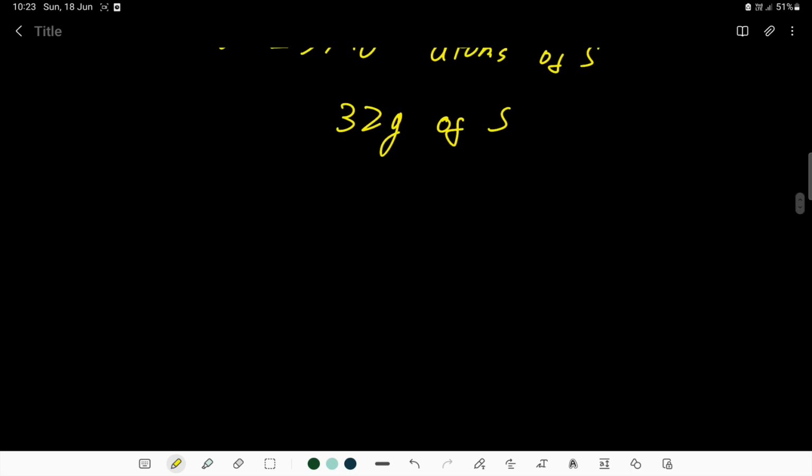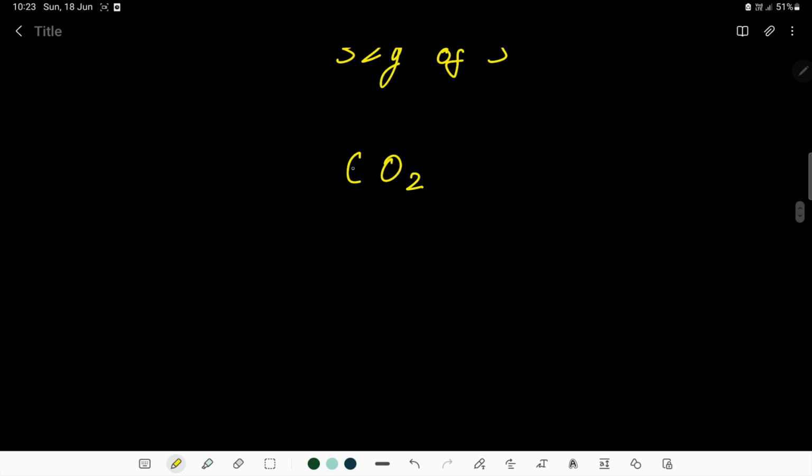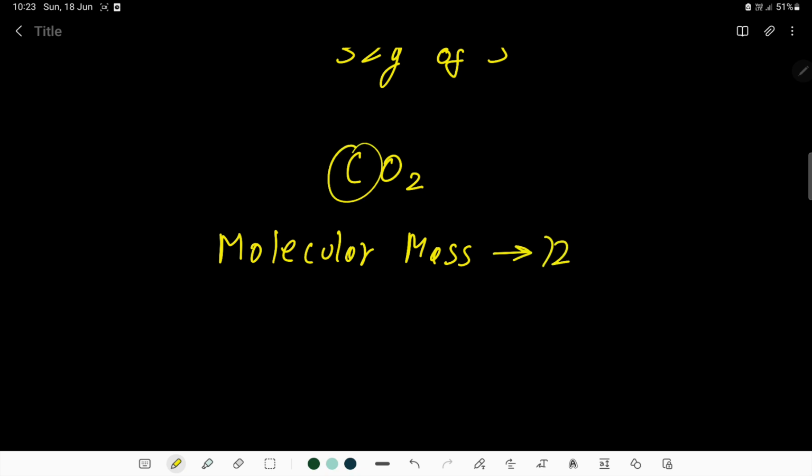The same thing is true with molecules. Let us consider carbon dioxide. Because this is a molecule, it won't have atomic mass. Rather, it will have molecular mass. The molecular mass of carbon dioxide is 12 for carbon and 16 for each oxygen.